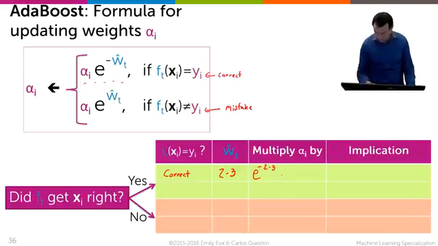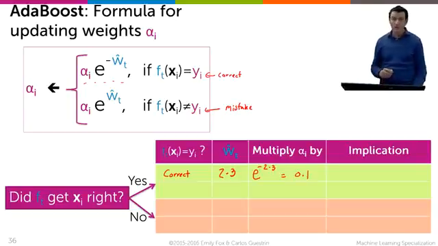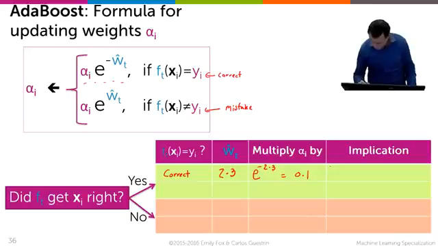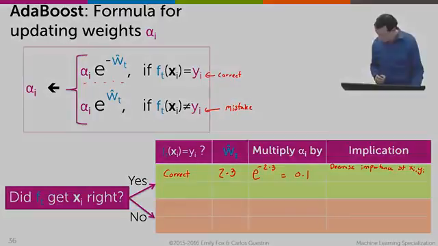If you take your calculator out, you see that this is 0.1. So we're taking the data points we got right, and we want to multiply the weight of those data points by 0.1, so divided by 10. So what effect does that have? We're going to decrease the importance of this data point of x_i, y_i, so this particular data point.